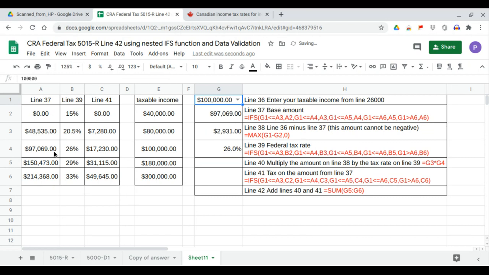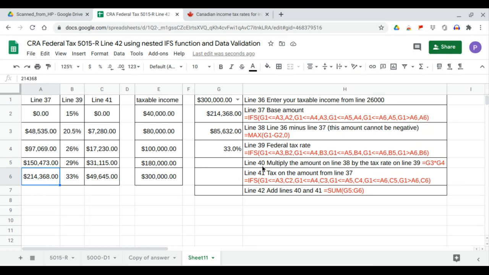At 100,000, which is within this range, it will be 26%. At 180,000, which is within this range, it should be 29%. And if it is more than 214,000, that's 300,000, it is greater than 214,368, it will be 33%.